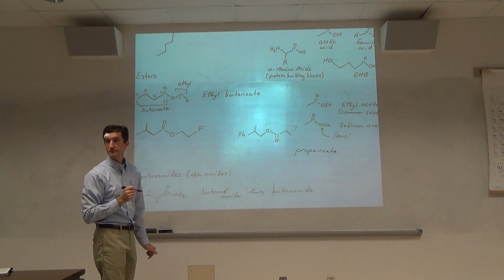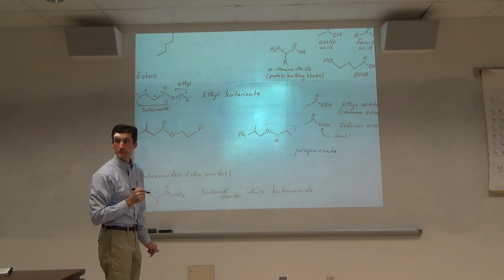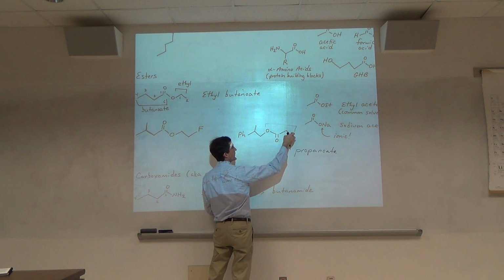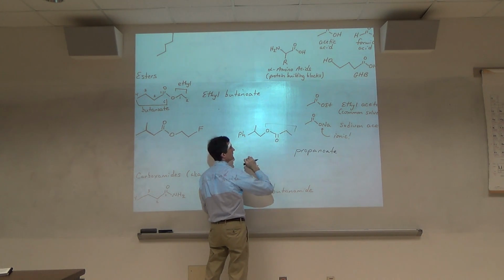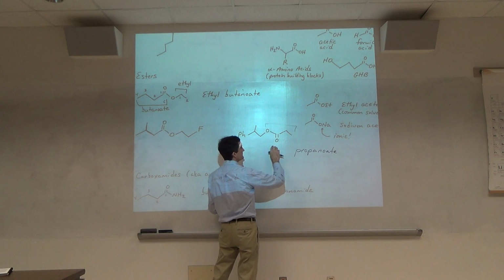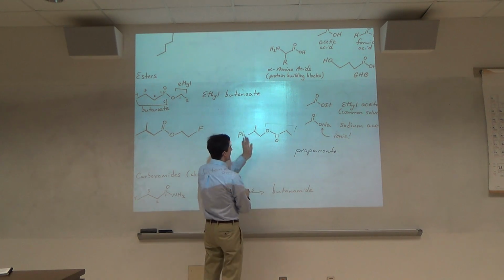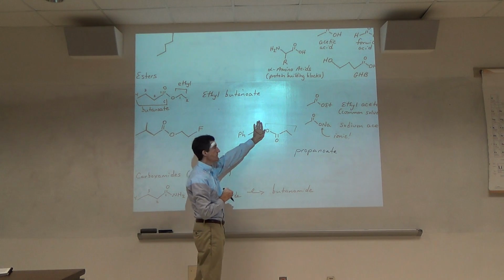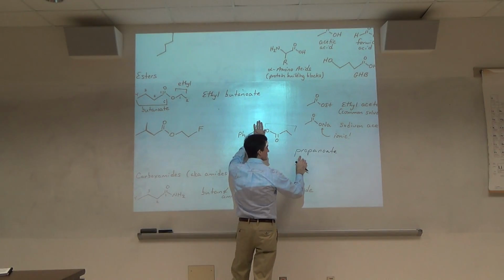What'd you do wrong? I didn't count the carbon. I counted from just the carbons in the ring. If that was an H, that would be propanoic acid. It's the same thing, except it's an ester, so it's propanoate.